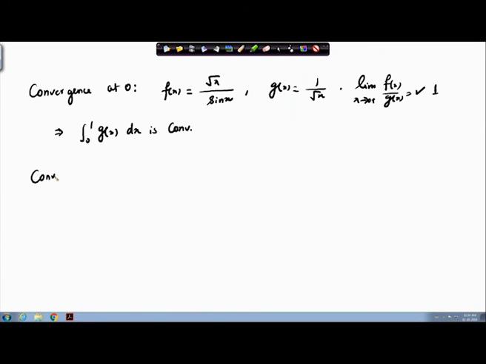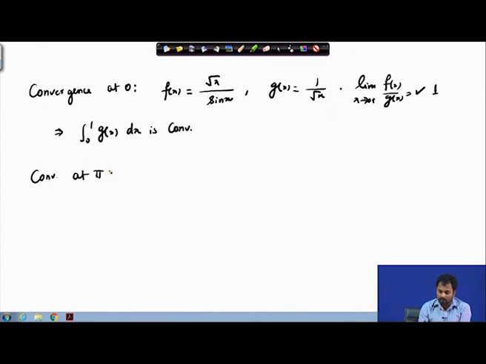Similarly, we can check the convergence at pi. In order to do that I will take my function f x as square root of x by sin x, and my function g x as 1 by x minus pi.